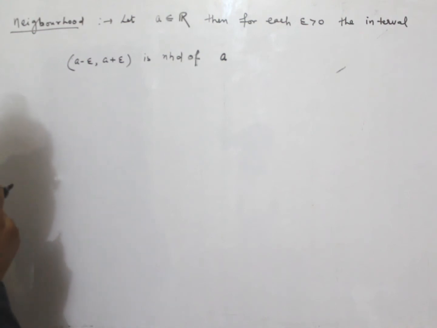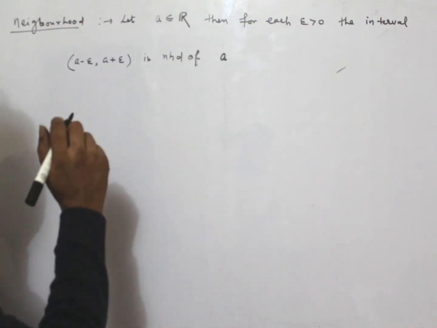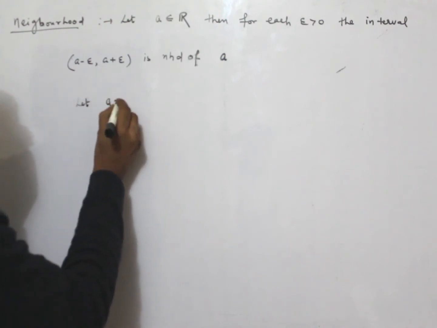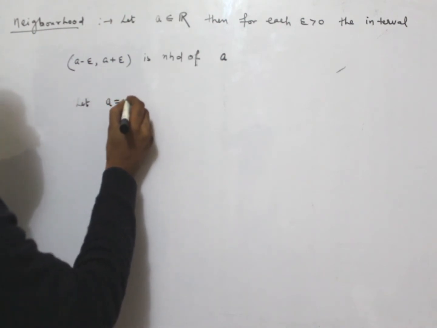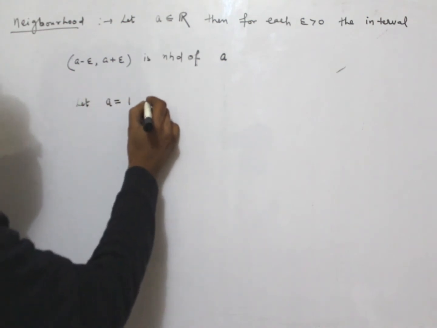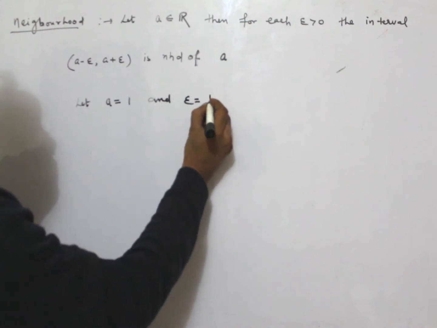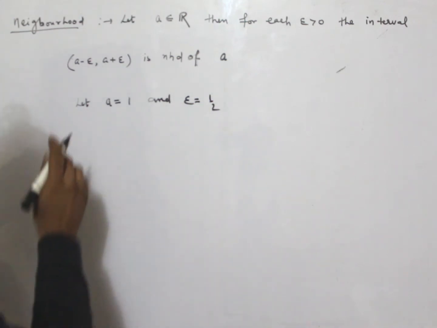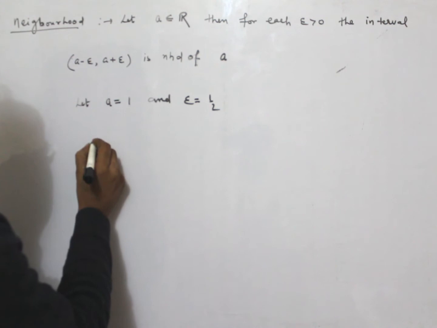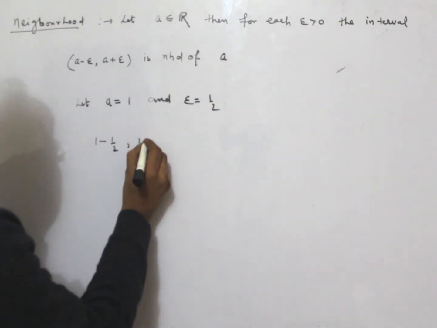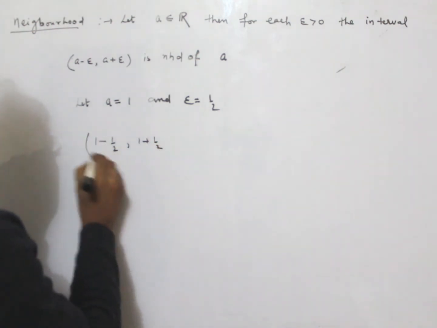For example, if I say let A is equal to 1 and epsilon is equal to 1 by 2, then this interval becomes 1 minus 1 by 2, 1 plus 1 by 2.